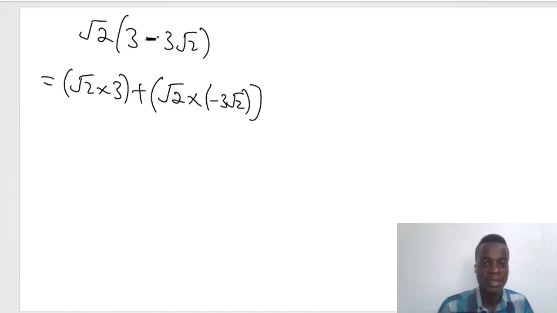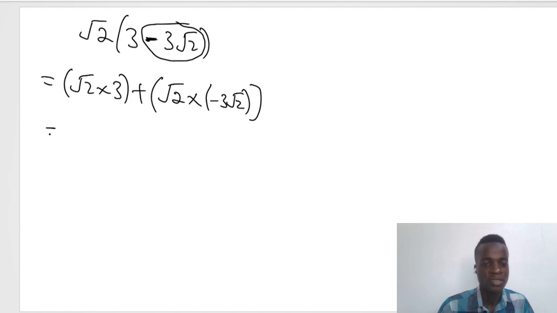And when you have a term that has a negative in front of it, the negative is taken alongside, so that we just avoid everything. If it is positive, we just take the 3 root 2, but if it is negative there, we have to take it all along as one thing.